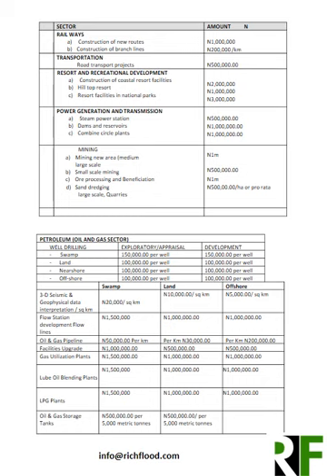Under LPG plants, you have 1.5 million naira for swamp, 1 million naira for land, and 1 million naira for offshore. Under oil and gas storage tanks, you have 500,000 naira per 5,000 metric tons, and then 500,000 naira per 5,000 metric tons for land as well. Swamp and land, the same amount, and there is no amount stated here for the offshore.